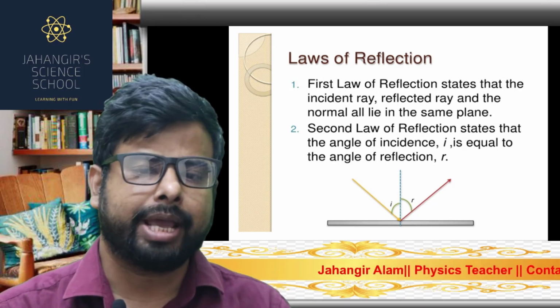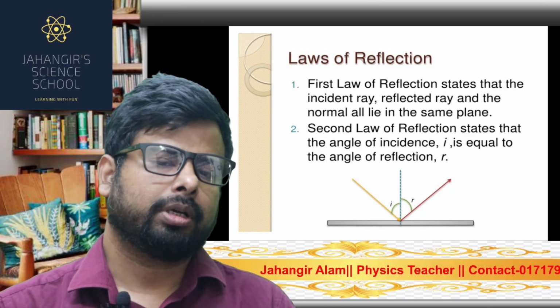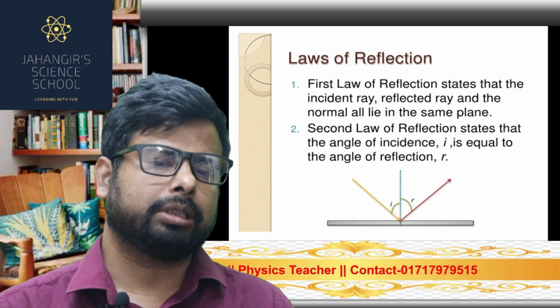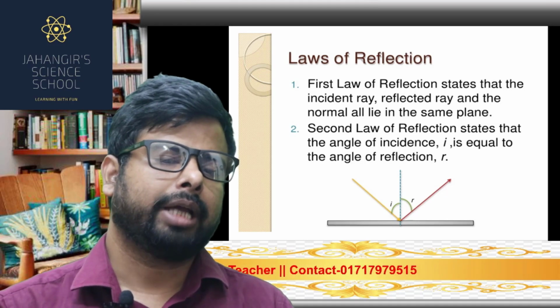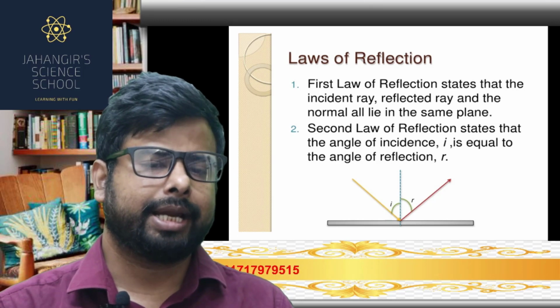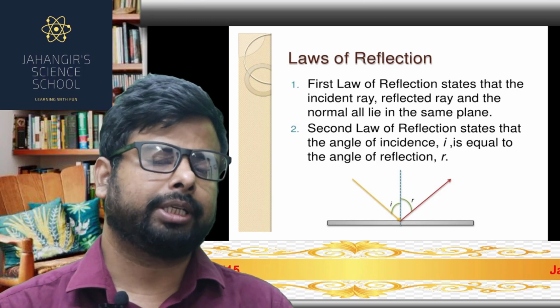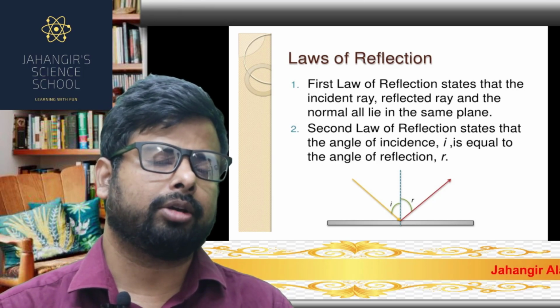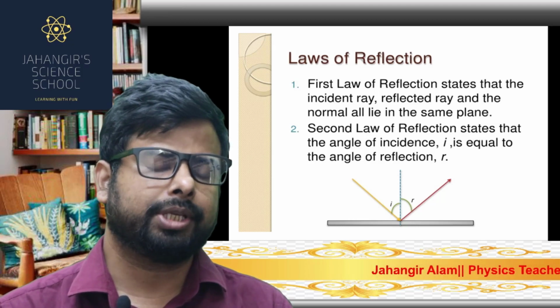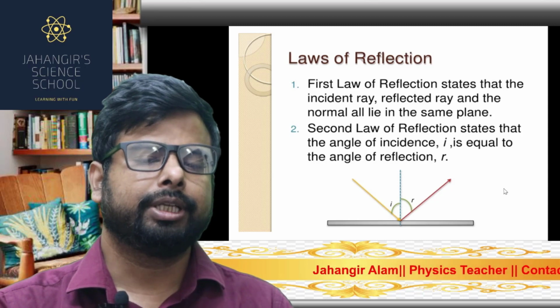Here same plane means the surface which is vertical to the reflecting surface at the point of incidence, where incident ray, normal, and reflected ray all lie on the same plane. Second law, angle of incidence i equals angle of reflection r.